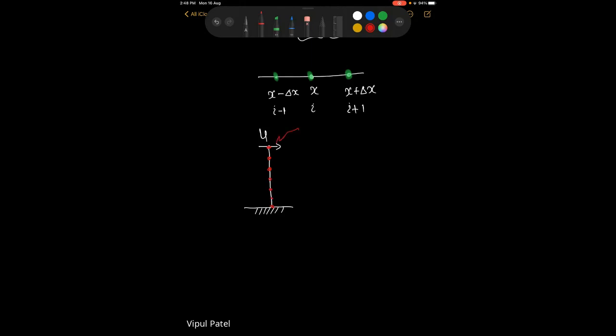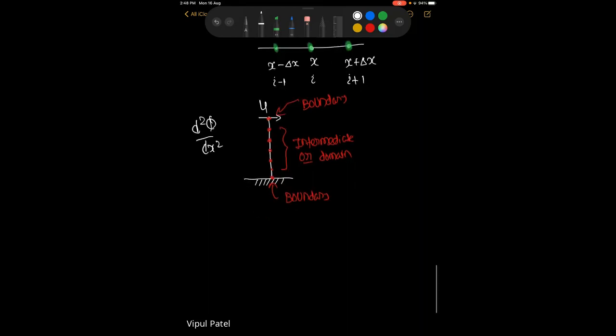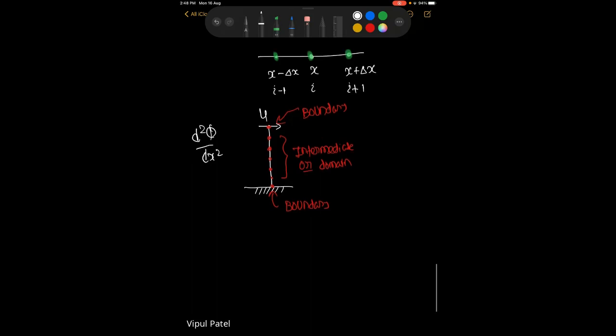So you have two boundary grids, whereas these grids are intermediate, or you can say domain grids. Now if I want to express d square phi by dx square with second order accuracy, which we have discussed so far, then I don't have any issue.